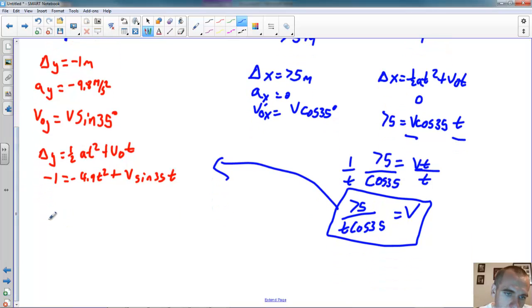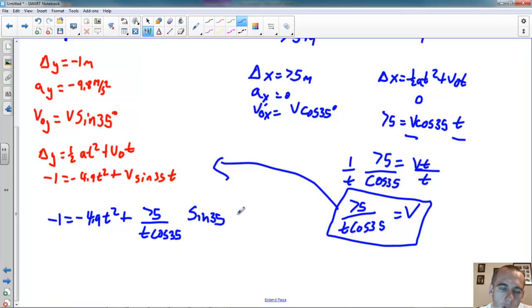So I have negative 1 equals negative 4.9 t squared plus v, which I just said is 75 over t times the cosine of 35, okay, that's the v part, times the sine of 35 times t.